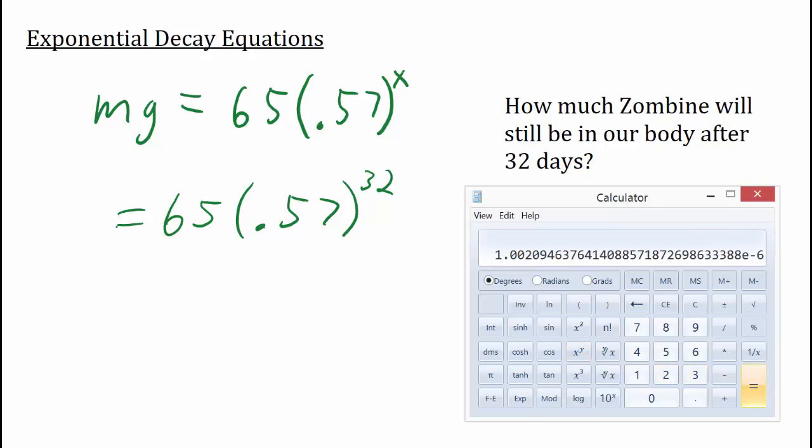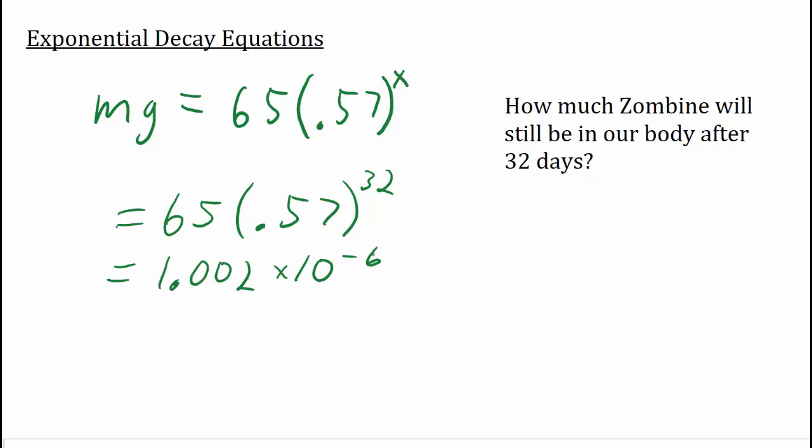Let's see here. 1.0, a big long decimal, and then notice there's an e to the negative 6 power. Well, that means times 10 to the negative 6 power. So let me write that out and we'll talk about what it means. This number is in scientific notation.